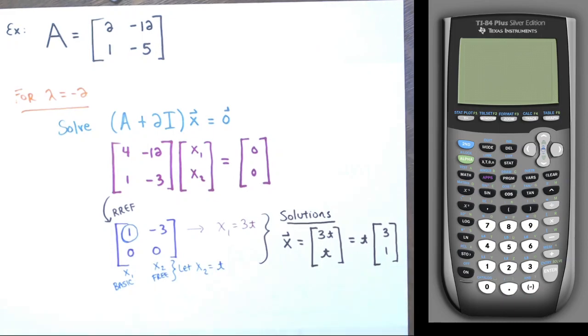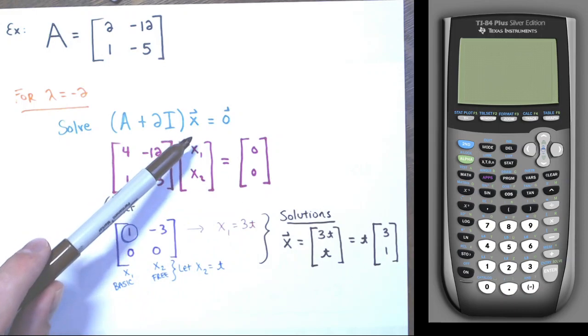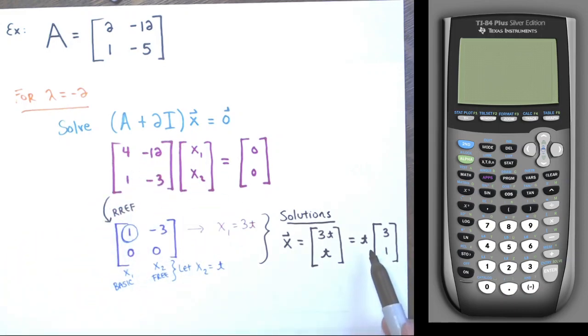All right, and there we have described every vector that's in the eigenspace of A corresponding to lambda equals negative 2. Every scalar multiple of the vector 3, 1 is a solution to this equation, including the 0 vector, right? Now I know the 0 vector isn't an eigenvector, but all the other non-zero solutions are eigenvectors corresponding to negative 2.